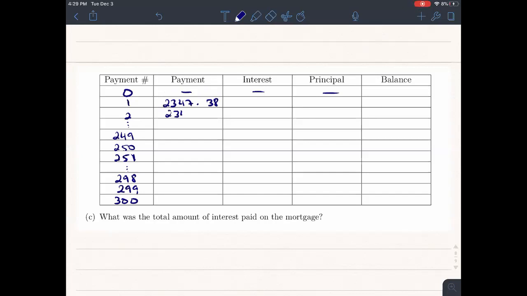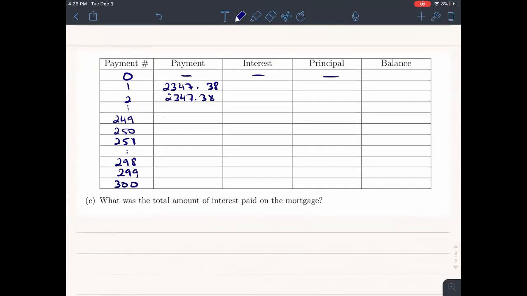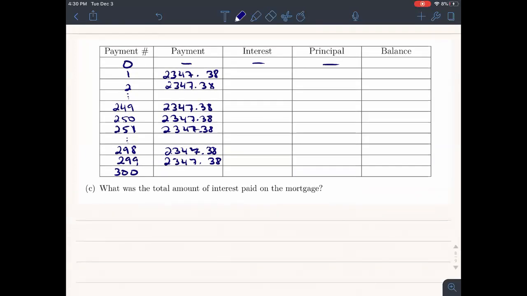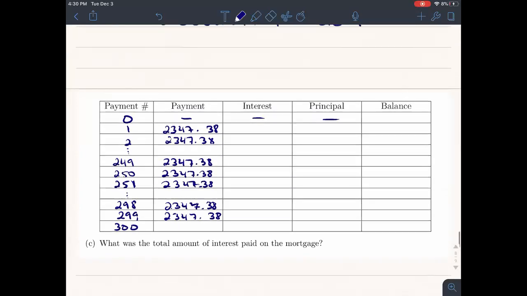And that's going to be the same for all of these, except for the very last payment. Now, whether you want to do ditto marks or whatever, it doesn't matter. Making sure that you don't put that amount for the last payment because it will not be the same. I can guarantee it.